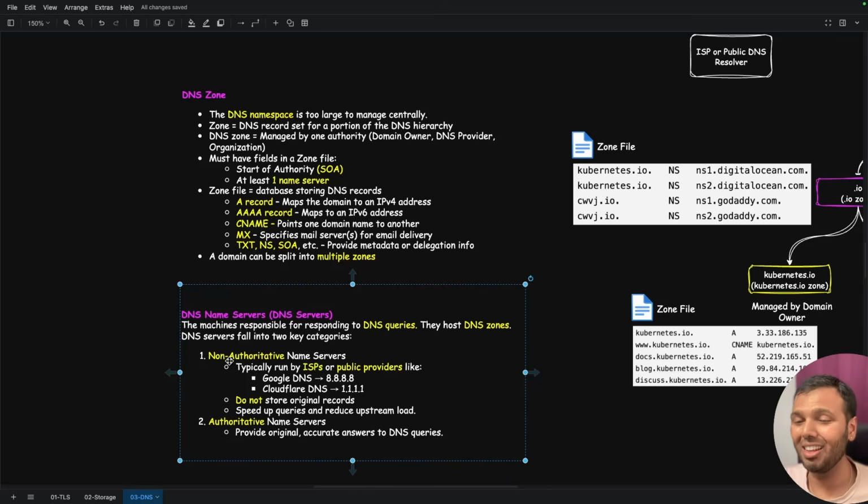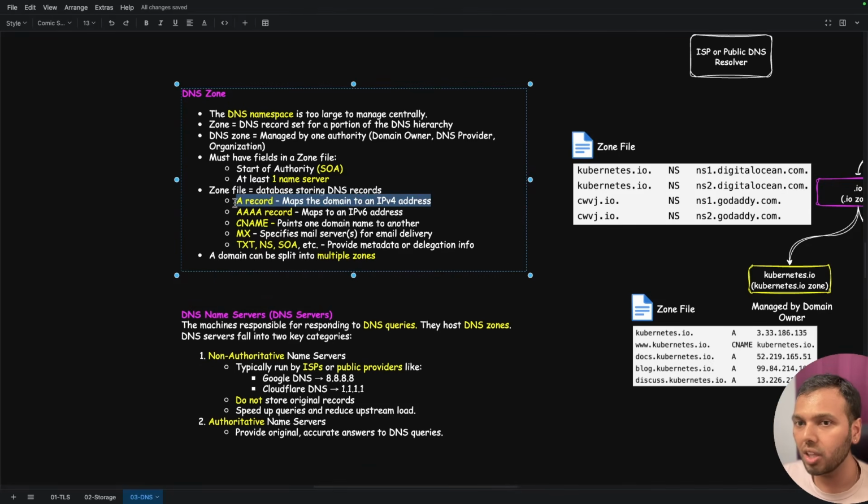The machines responsible for responding to DNS queries host DNS zones. Okay, so understand, you have a name server. On top of the name server, you have a DNS zone because the name server hosts the DNS zone. Then that DNS zone will have a zone file. That makes sense. And the zone file has all the records.